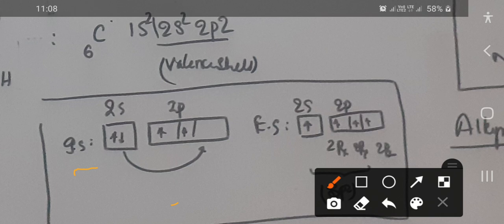The number of bonds are 4, so there is a shifting of 1 electron from 2s to 2pz, and now you can see that the tetravalence is satisfied, but according to the structure it is sp2. So this atomic orbital 2pz does not take part in the hybridization, and it will form pi bond by lateral overlapping.